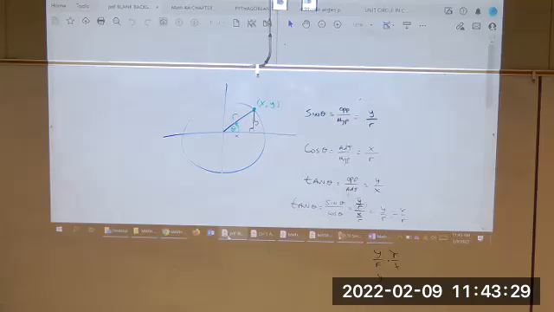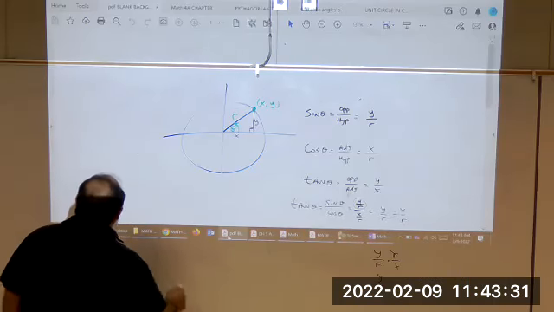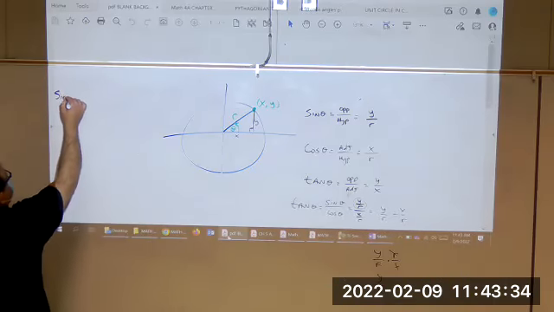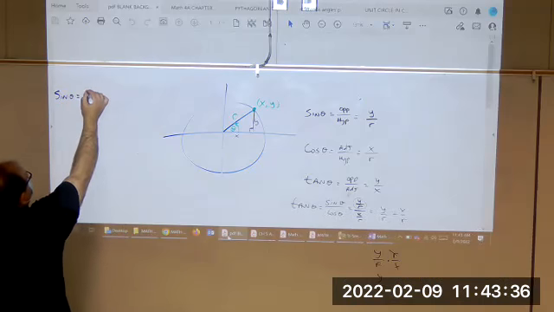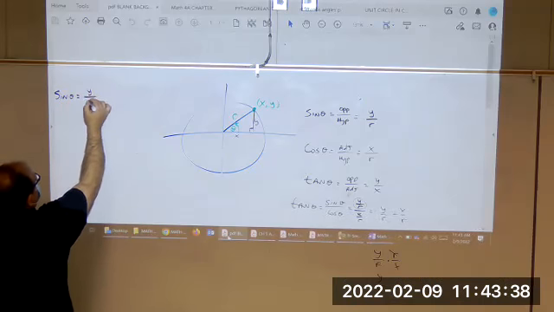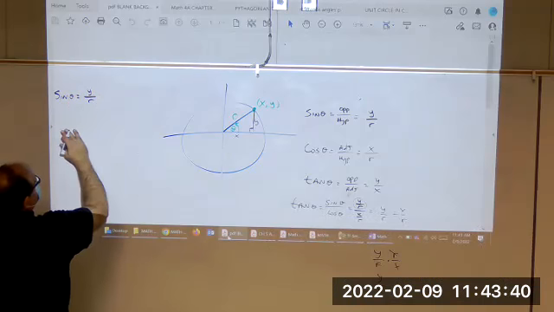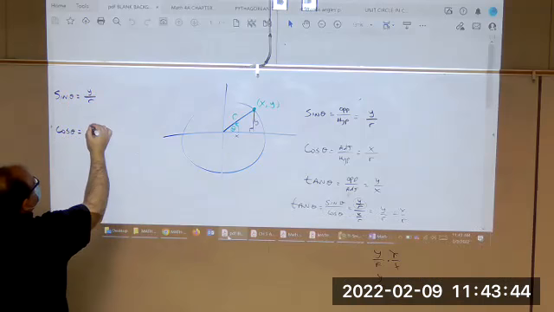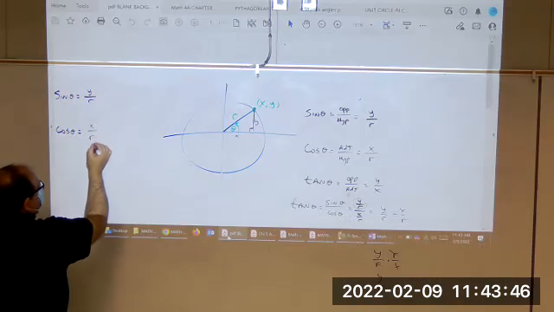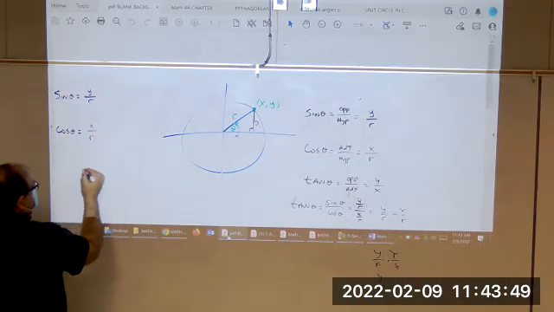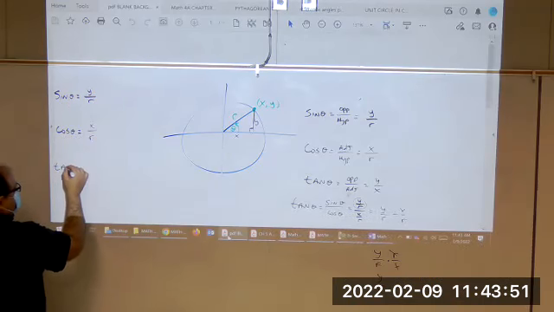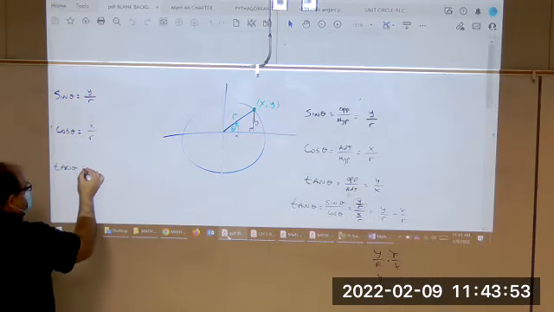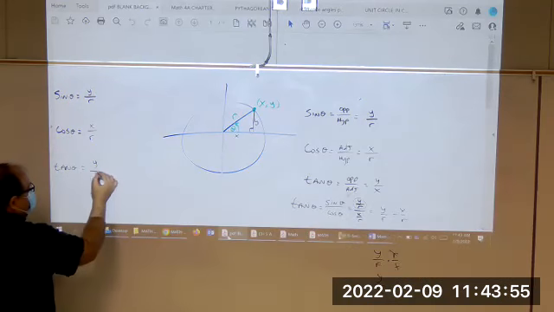So now, with these definitions in hand, the sine of theta is equal to the y coordinate over the radius of the circle. The cosine of theta is equal to the x coordinate over the radius of the circle. And the tangent of angle theta in standard position is equal to y over x.